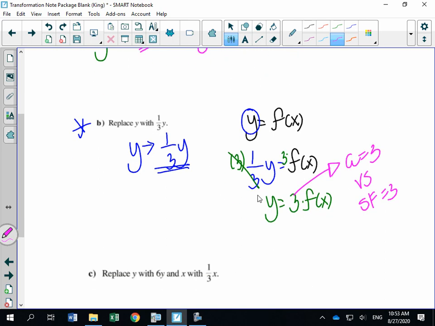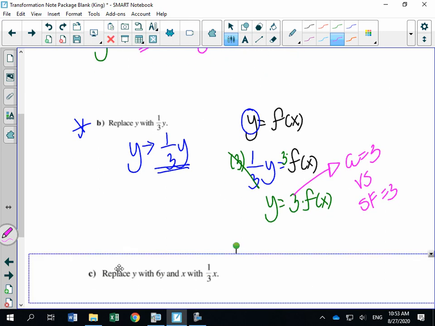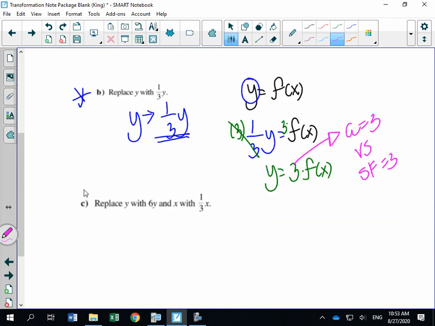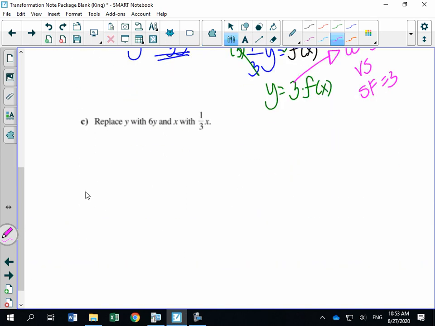If you understand that, you'll hopefully get C, because we're going to be doing two stretches here. So we're going to do a vertical stretch and a horizontal stretch. But what it wants us to do, it wants us to do two replacements. So it says replace y with 6y and x with 1/3 x.